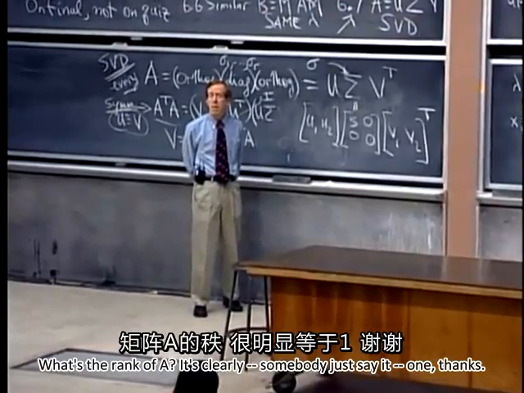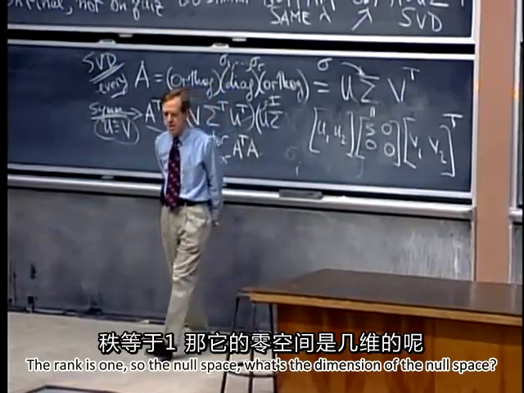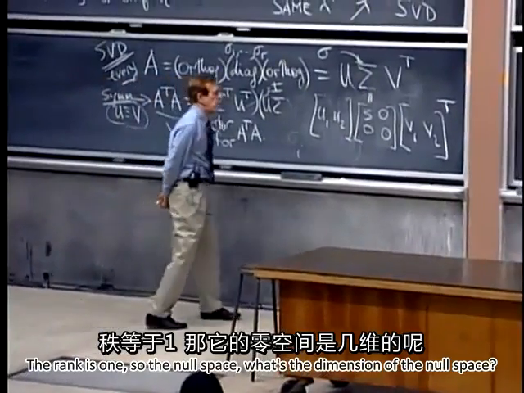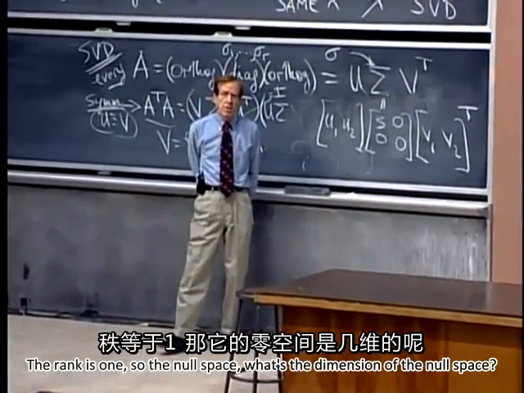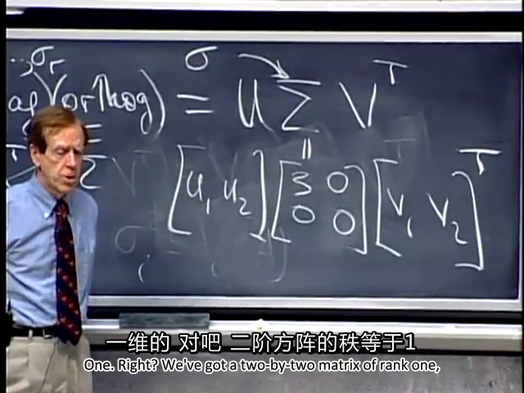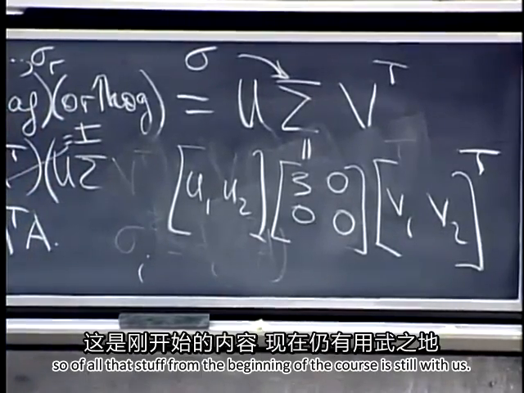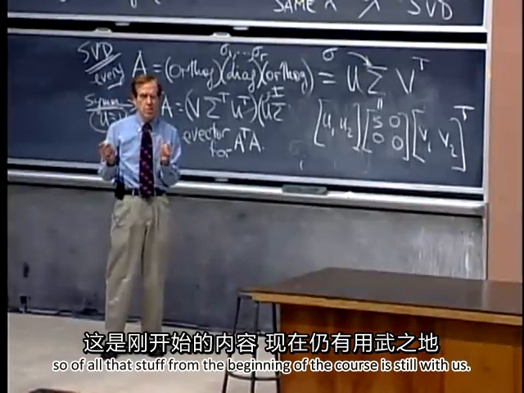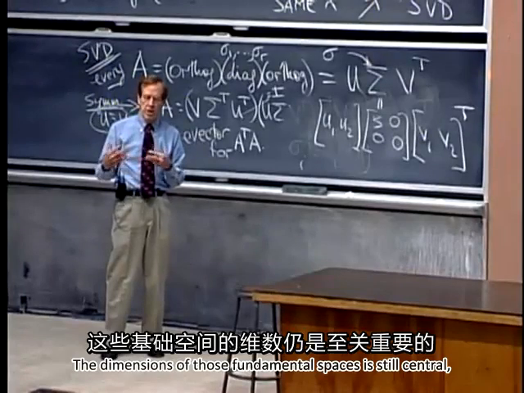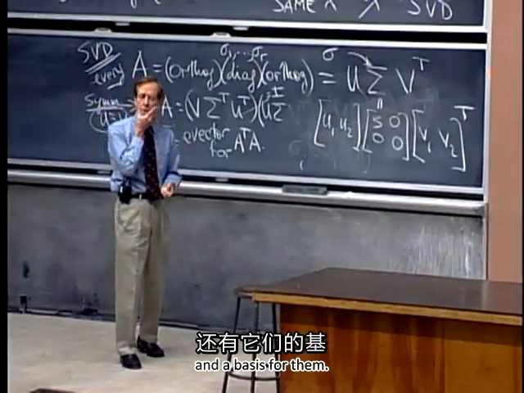It's clearly, somebody just say it, 1, thanks. The rank is 1. So the dimension of the null space? 1, right? We've got a 2 by 2 matrix of rank 1. So all that stuff from the beginning of the course is still with us. The dimensions of those fundamental spaces is still central, and a basis for them.